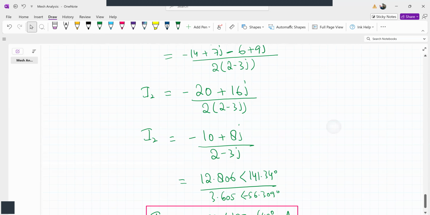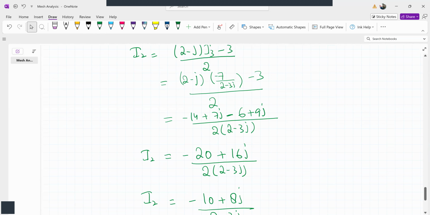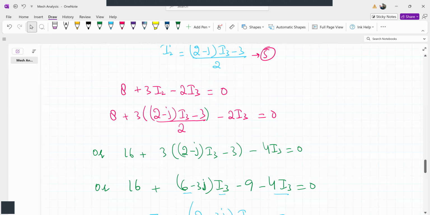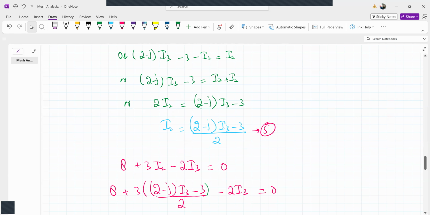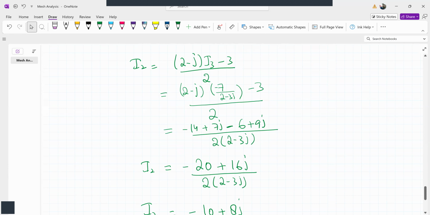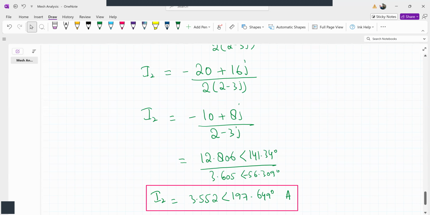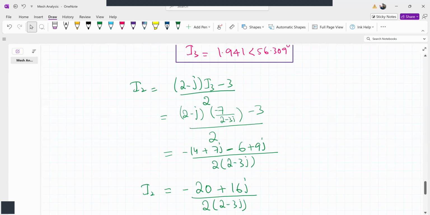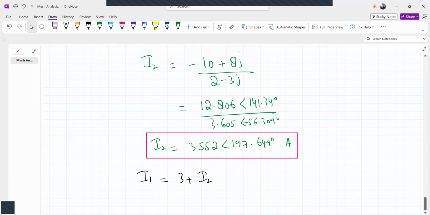Similarly, what is the relationship between I1 and I2? I1 from this equation is 3 plus I2. I2 is minus 10 plus 8j divided by 2 minus 3j.